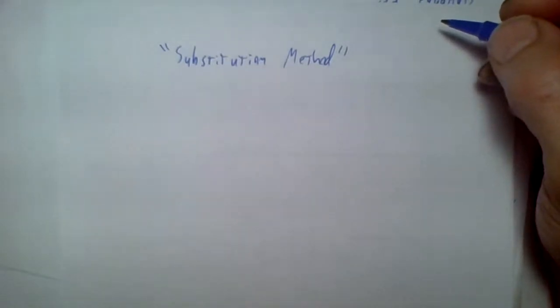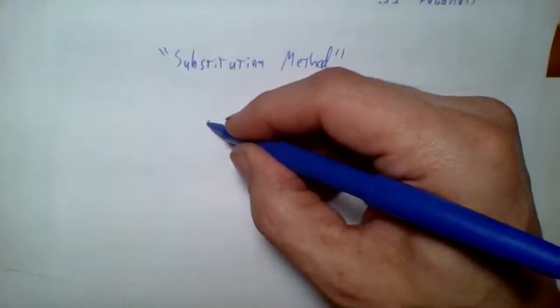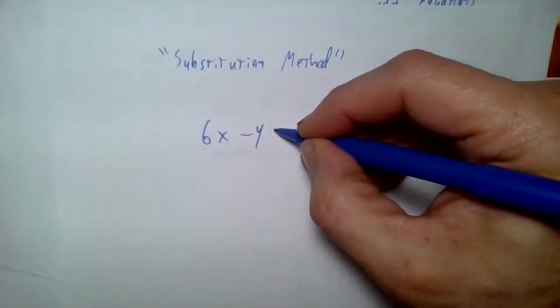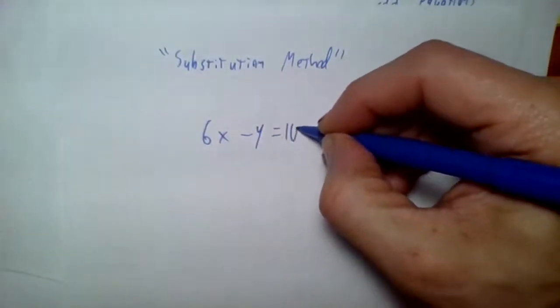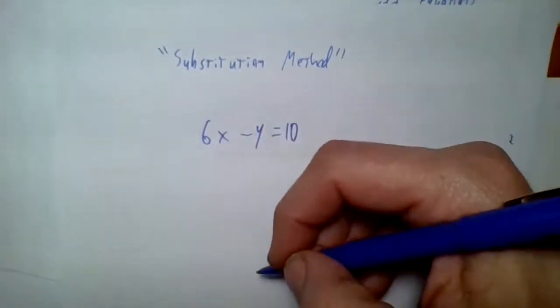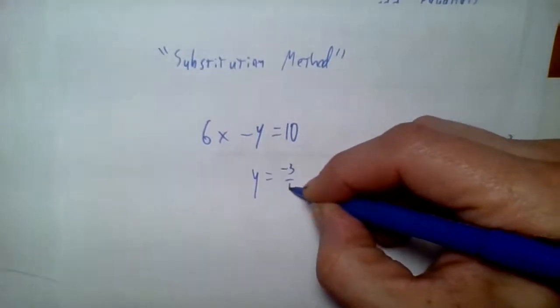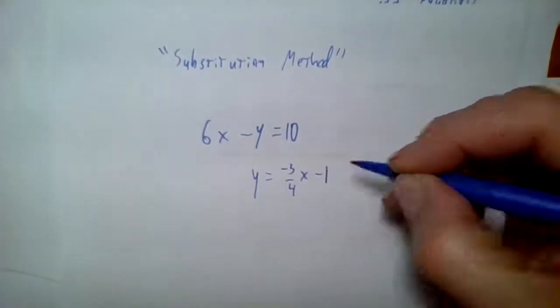Think about these things the right way. So if I have a system, still linear equations, this one's 6x minus y equals 10, bunch of numbers that could work there, but we're also supposed to satisfy this one, y equals negative 3/4 x minus 1.